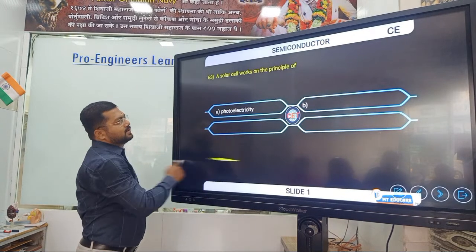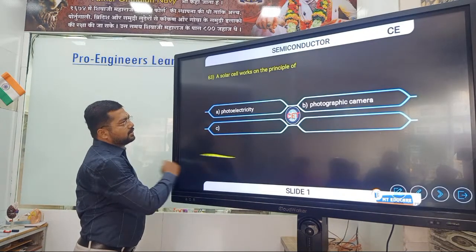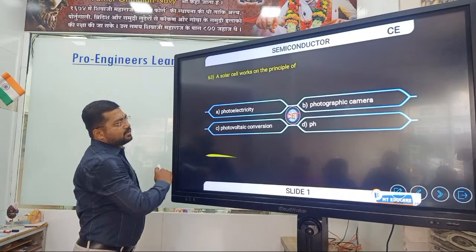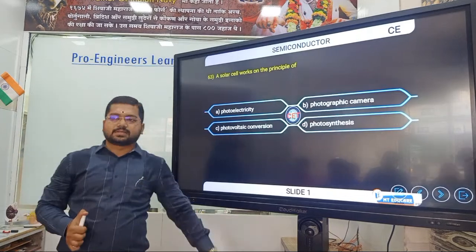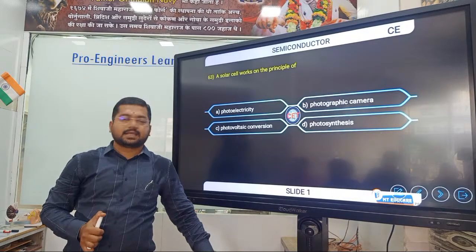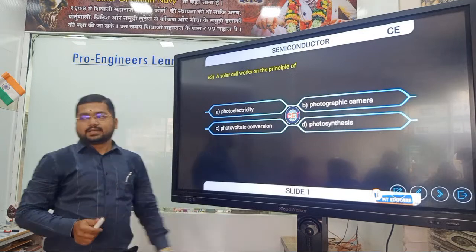A solar cell works on the principle of: photoelectricity, photographic camera, photovoltaic conversion, photosynthesis. Option A, photoelectricity? Okay, we'll see.